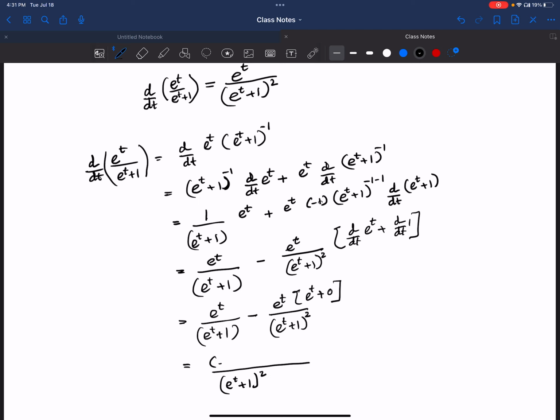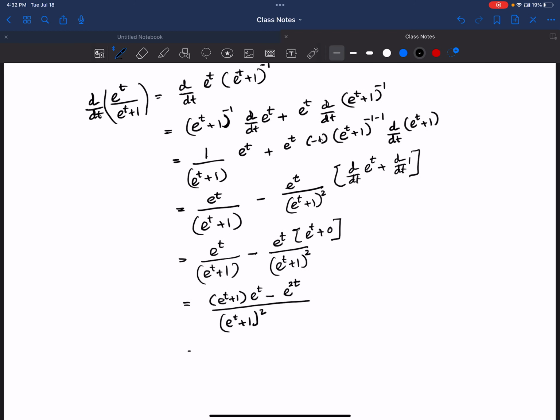So we have (e to the power t plus 1) e to the power t minus e to the power 2t, which is e to the power 2t plus e to the power t minus e to the power 2t, divided by (e to the power t plus 1) squared.